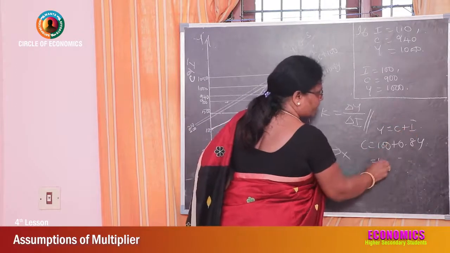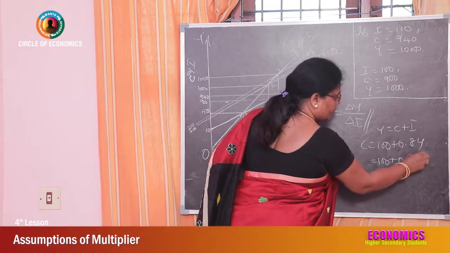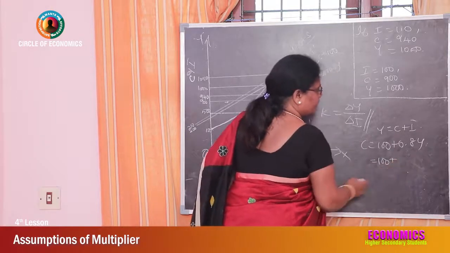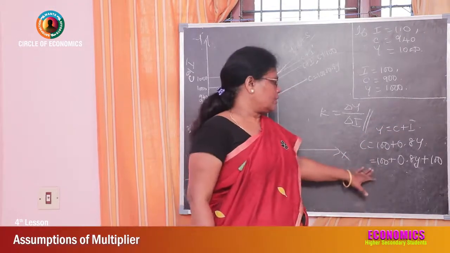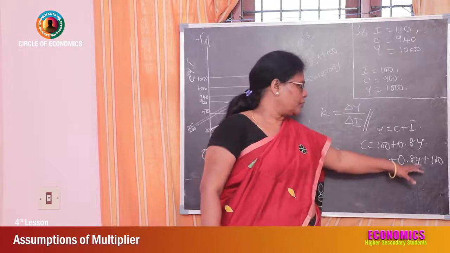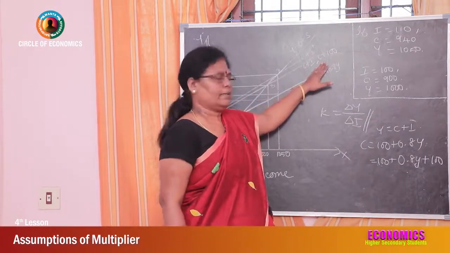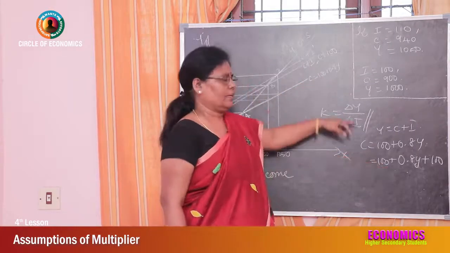That means now we are adding 100 plus 0.8y, isn't it? Now here we are adding Y is equal to C plus I. C is equal to 100 plus 0.8y plus 100. That's what is written here, C plus 100. In the book it is fully written, so don't get confused.